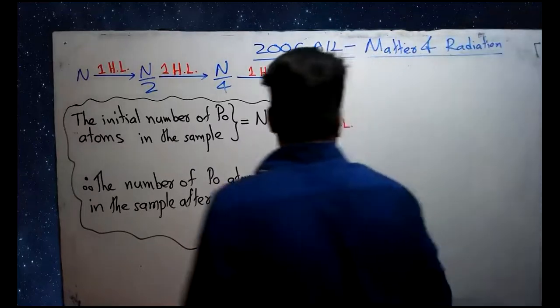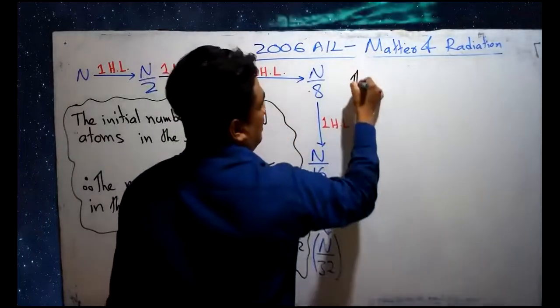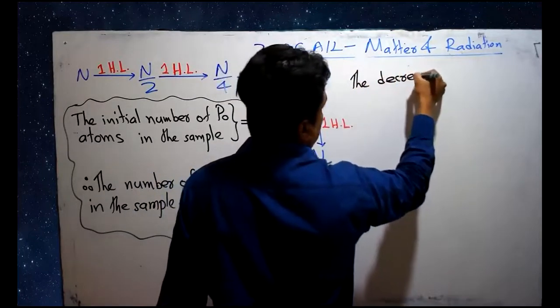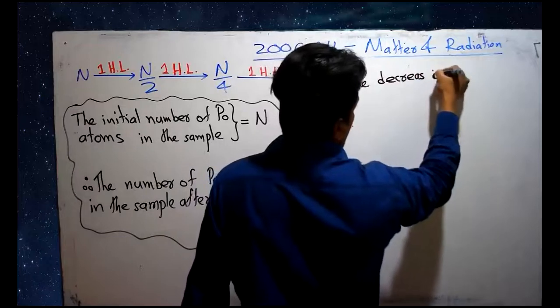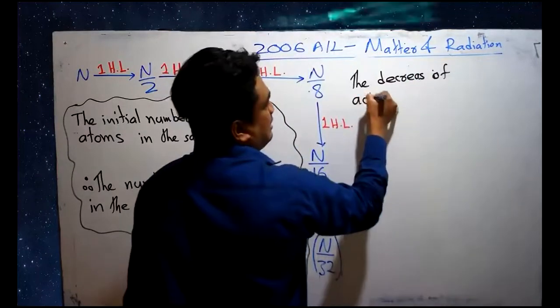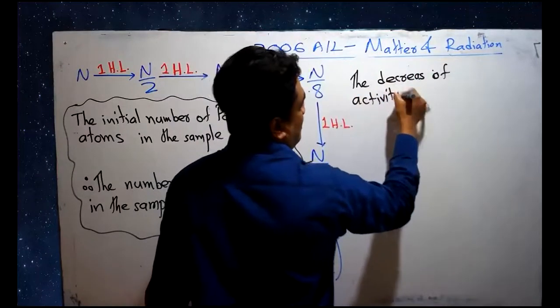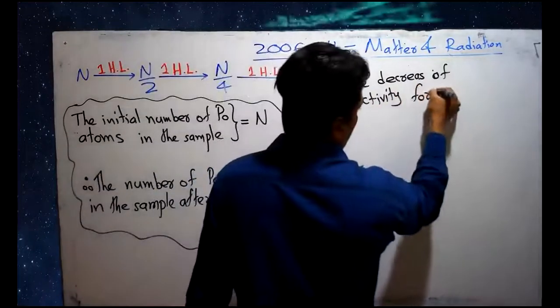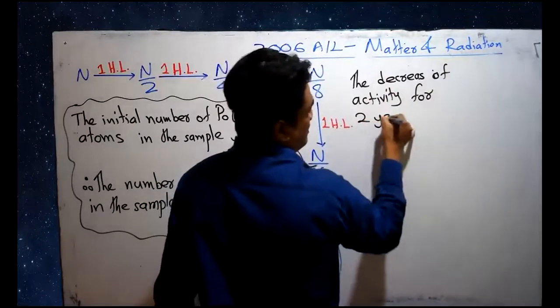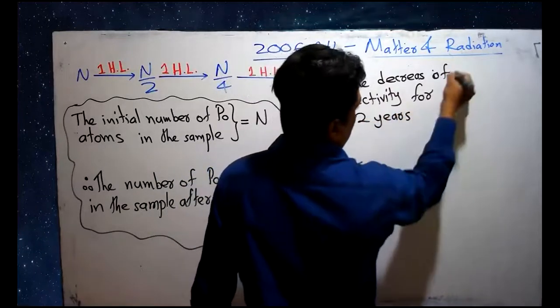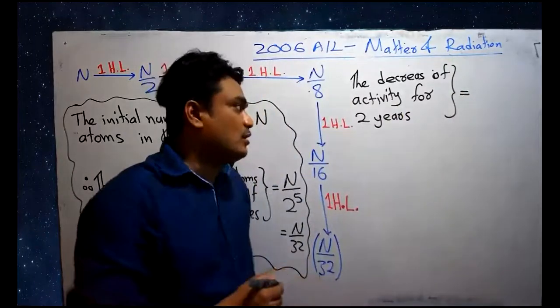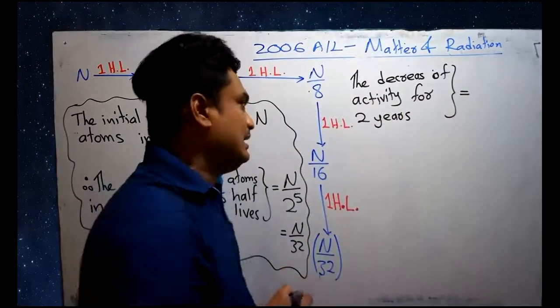We want to find the decrease of activity for 2 years. So it's better to write the fractional decrease of activity for 2 years. It's better to write like this.